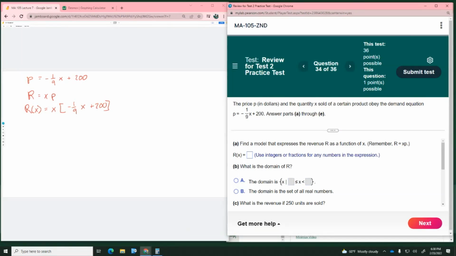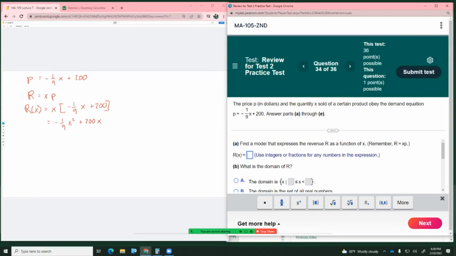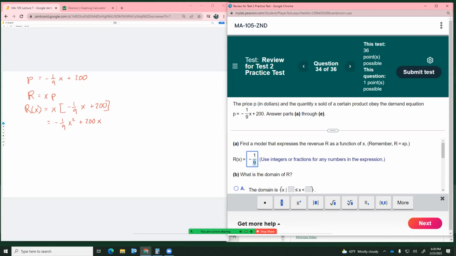Everybody cool with that? Multiply it out, and I end up with -1/9 X squared plus 200 X.